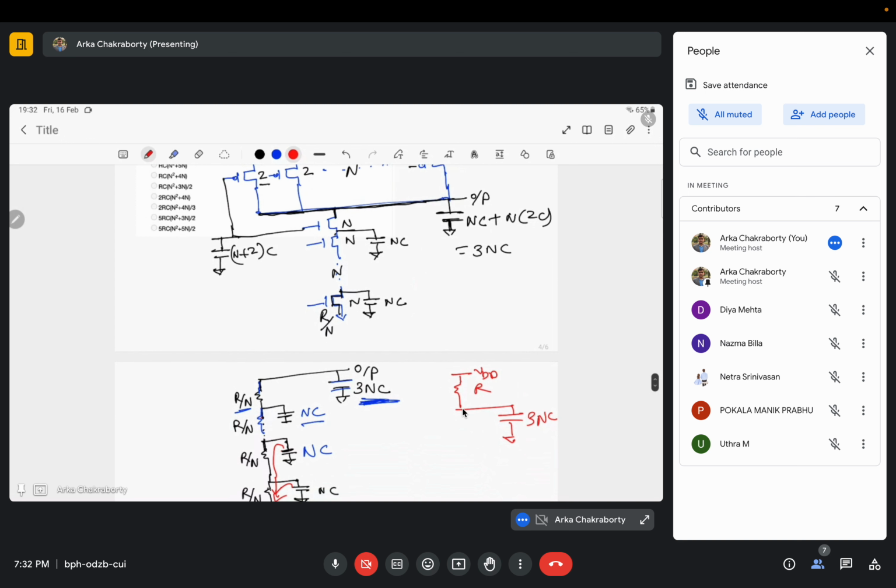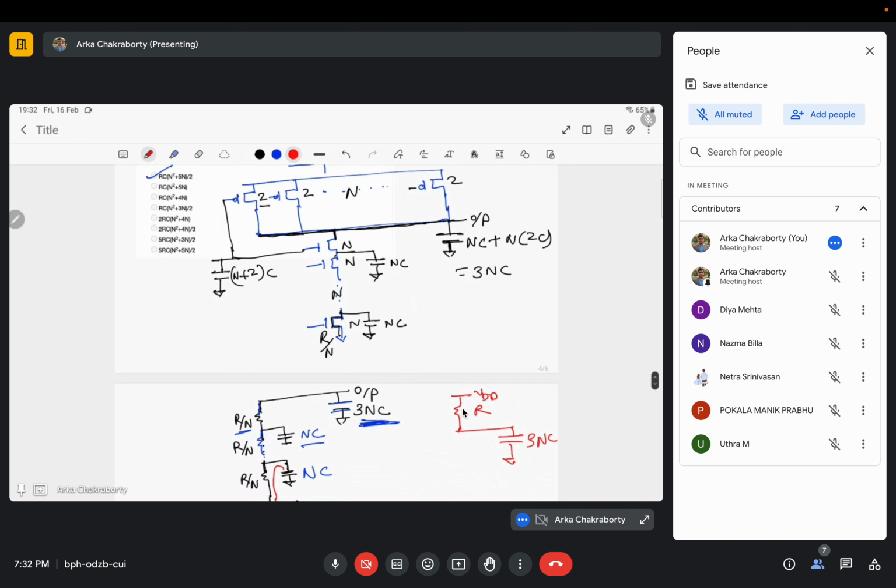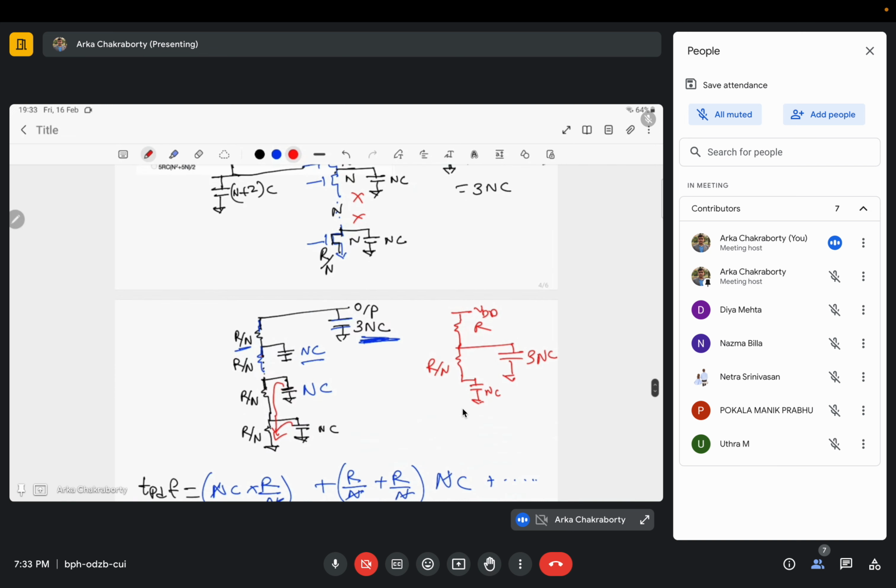Only one will be on. So at a time, in the worst case, what happens? Only one transistor is on, others are off. So simply only one NMOS will be on, other NMOSes will be off. So it would become R by N, and here the capacitor will become NC. Okay, now solve this one, you will get the answer. Very easy. I hope you can solve this. This is the output. What would it be?